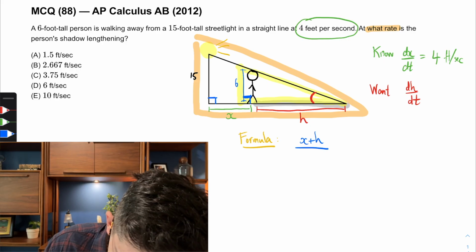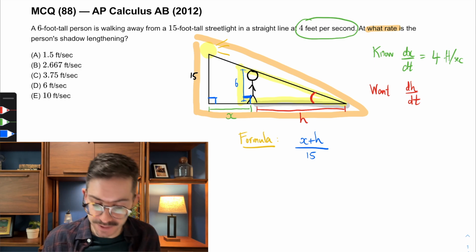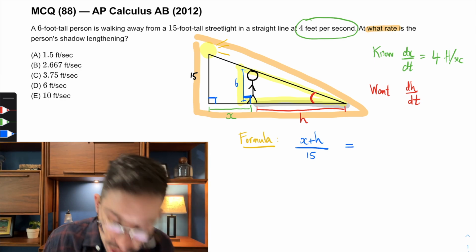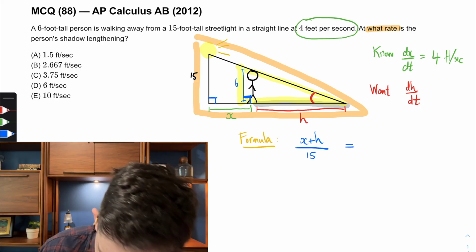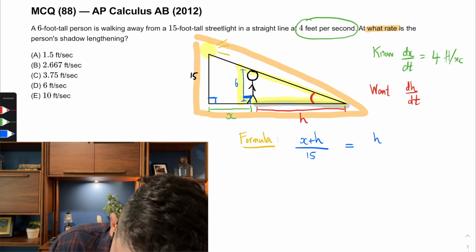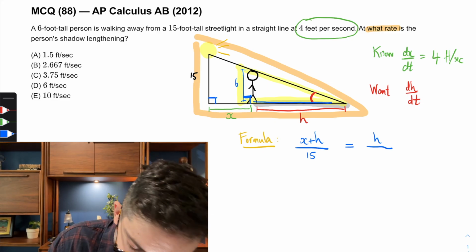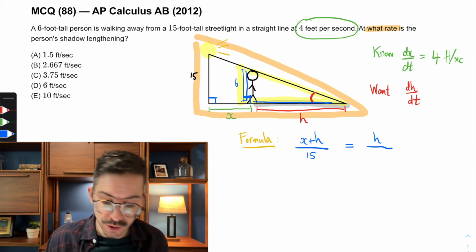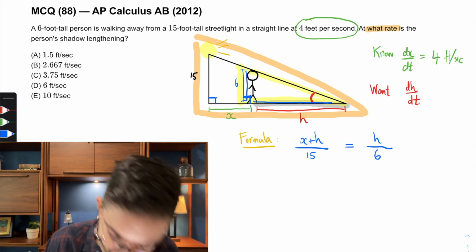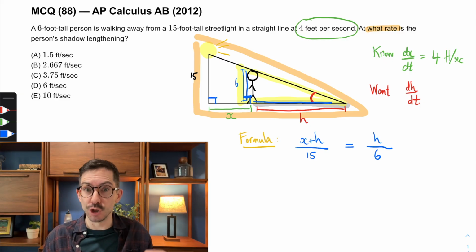And the vertical side, the shorter leg, of that large triangle is 15. That ratio should equal the ratio of the longer leg in the smaller triangle. That's just plain old h. If I take the ratio of that to the other side length, namely 6. So this is my equation that I've written down using the geometry.